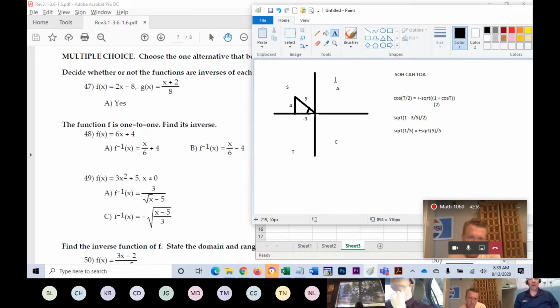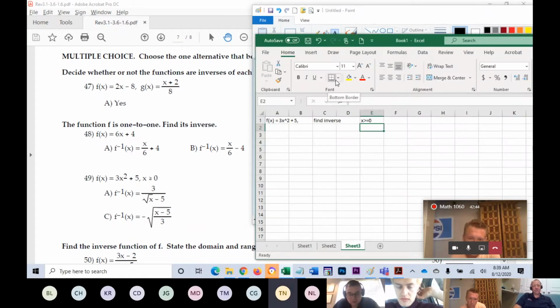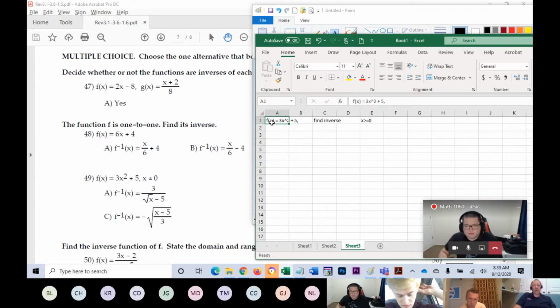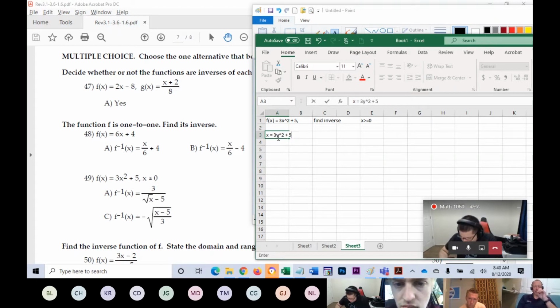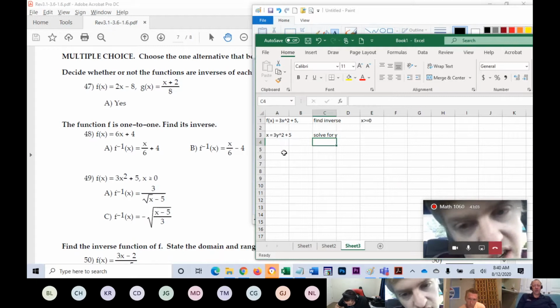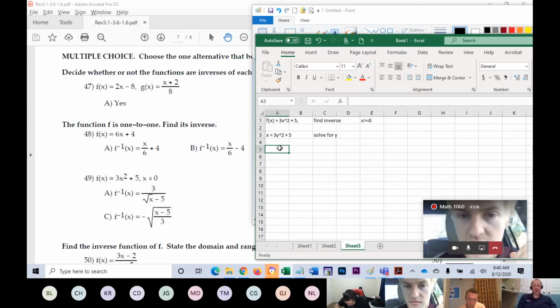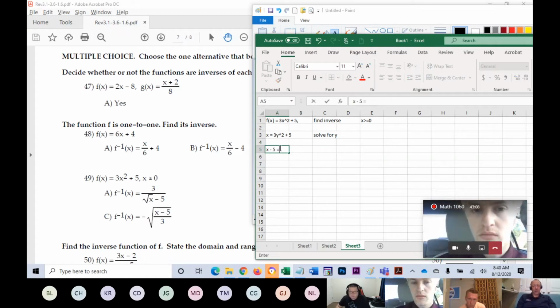All right, so what do I do on finding the inverse of a function? Swap the x and y and solve for y. Yeah, so we can treat f of x as y. So then I'm going to have x equals 3y squared plus 5. Then I subtract the 5 over, that gives me x minus 5 equals 3y squared.